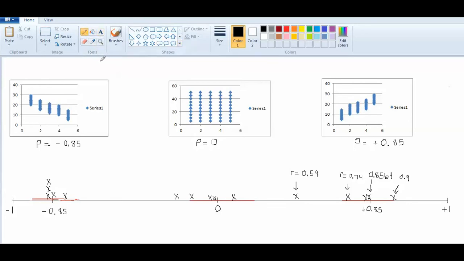The symbol for a null hypothesis is H0, and for an alternative hypothesis, the symbol is H1.